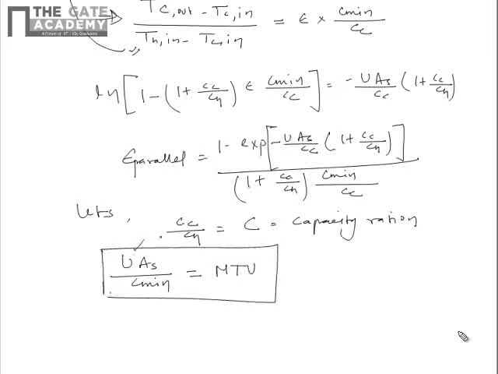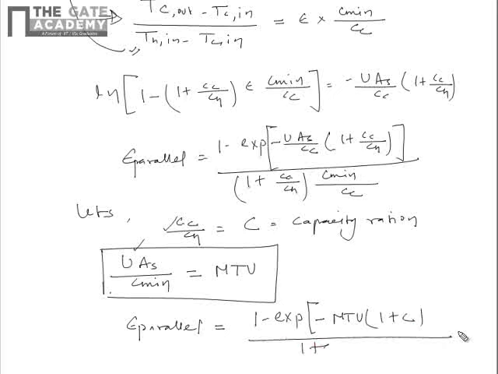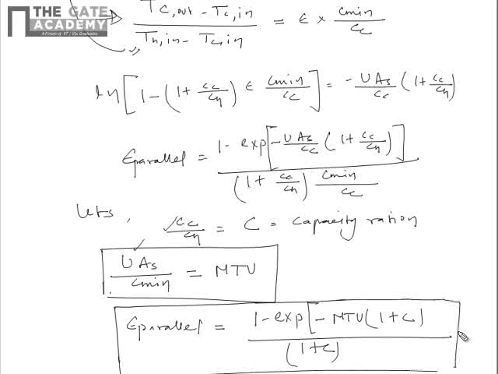This one and this one are important. If this is like this, we can write the effectiveness of a parallel flow heat exchanger as 1 minus exponent of minus NTU (1 plus C) upon (1 plus C), right? This is the effectiveness of a parallel flow heat exchanger.